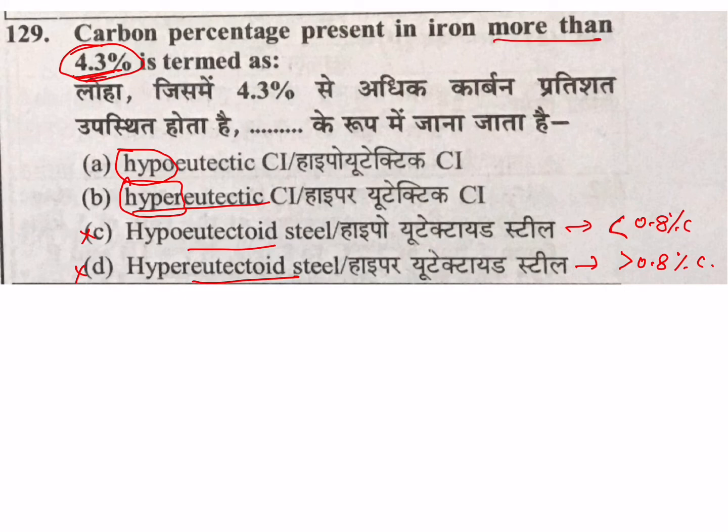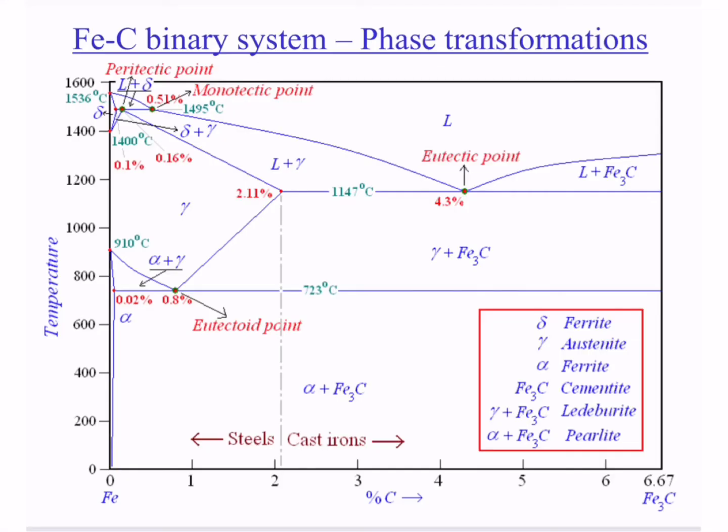More than 4.3% is hypereutectic cast iron. If it is below 4.3% of carbon, then hypoeutectic cast iron. So here they ask for more than 4.3%. So B is your correct answer, hypereutectic cast iron.